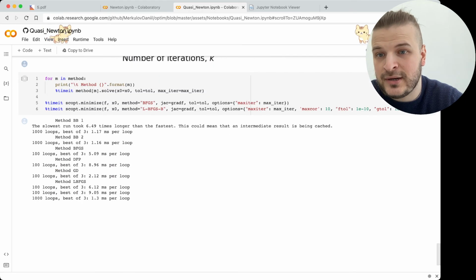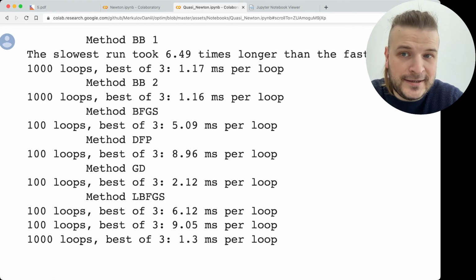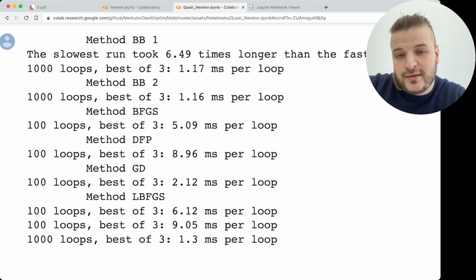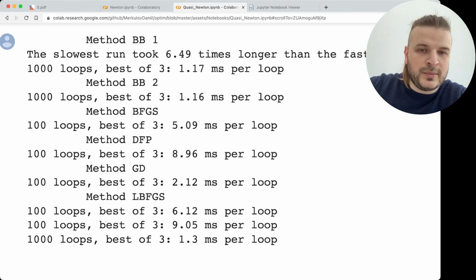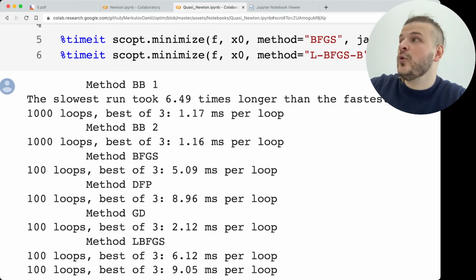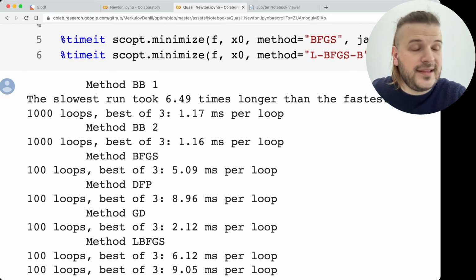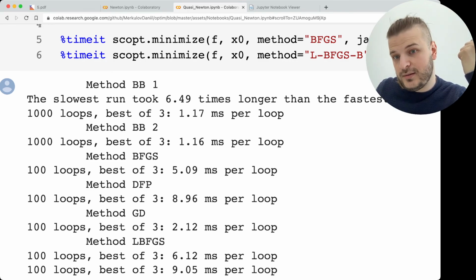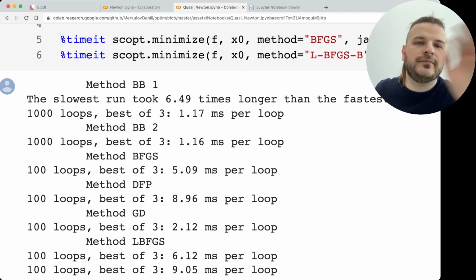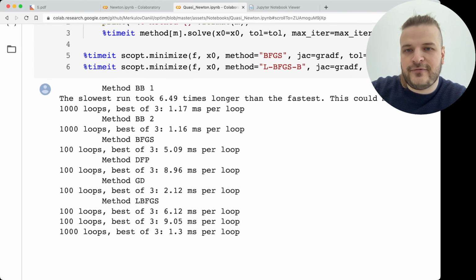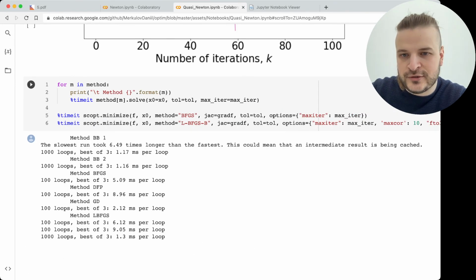What's interesting here about the time spent on the iteration is that the fastest methods are BB1 or BB2, which are quite the same, because they only compute a single gradient per iteration and some simple heuristic on step size. That's why they are the fastest in terms of time per iteration.